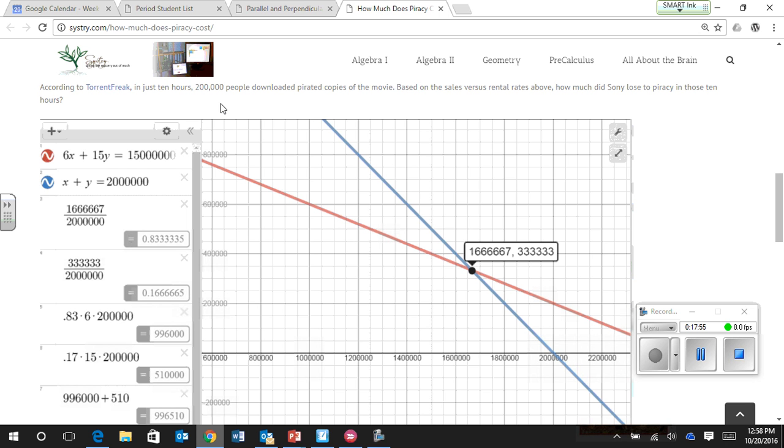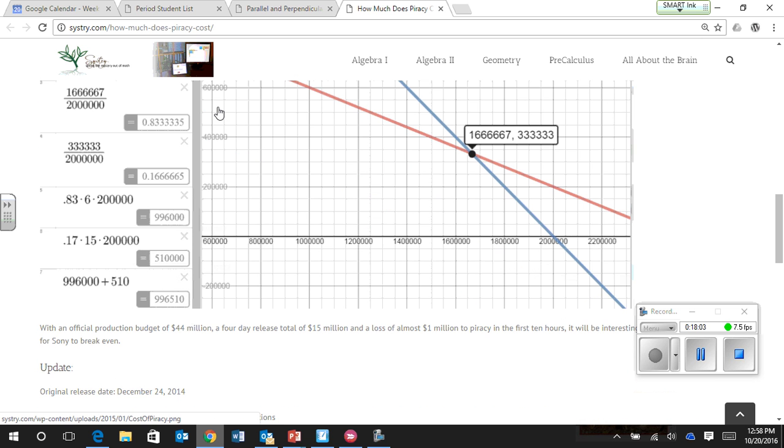Okay, so $500,000 in sales and almost $1 million in rentals. So you're looking at $996,510 lost in just 10 hours of revenue.